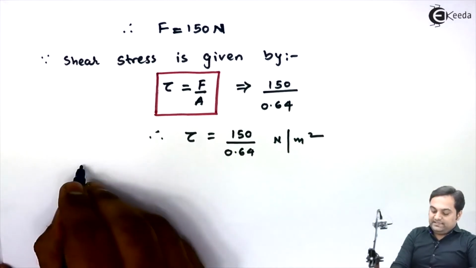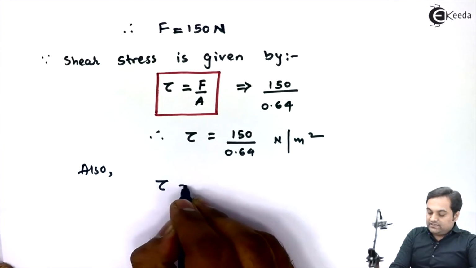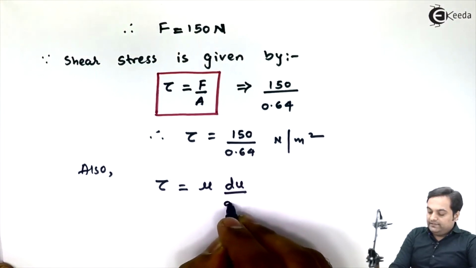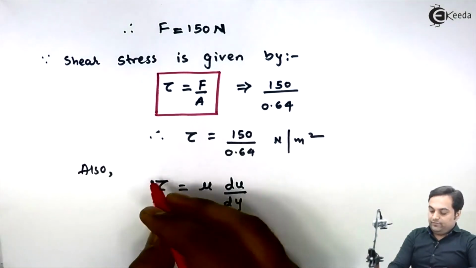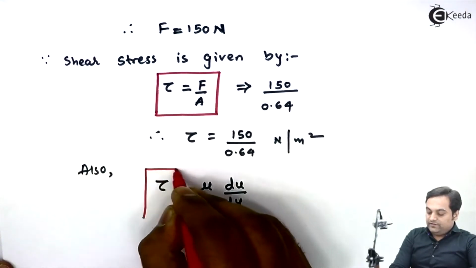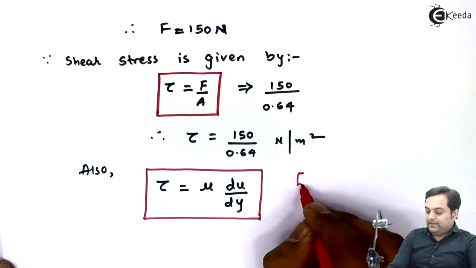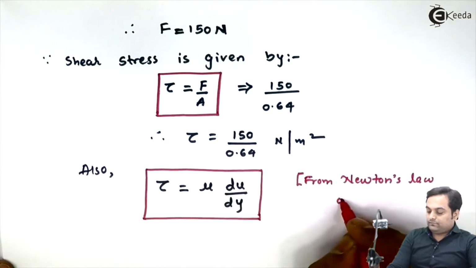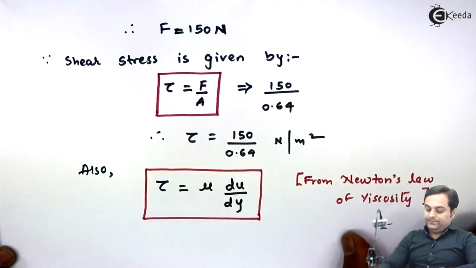After this, we also know that shear stress is given by the formula mu into du by dy. This is the formula of shear stress from Newton's law of viscosity. So I'll go on putting the values here.